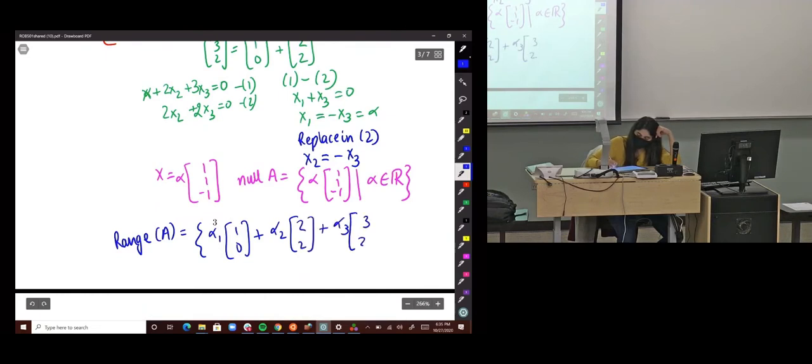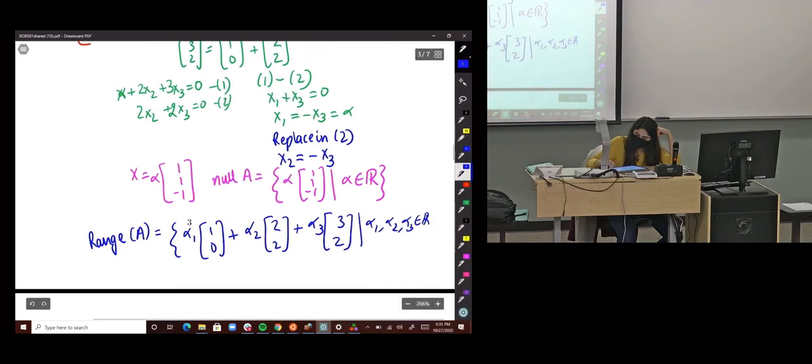Third column is 3, given alpha 1, alpha 2, alpha 3 in R. We also know that this vector is a linear combination of these two vectors.